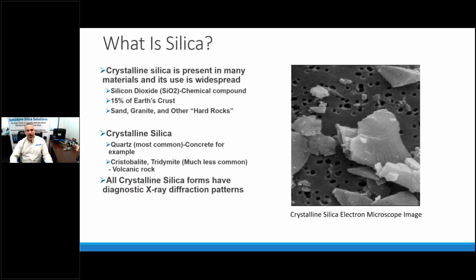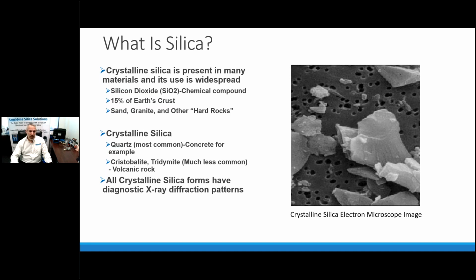Let's start by understanding what is crystalline silica. It's a material that is present ubiquitously throughout the world. The elemental compound is silicon dioxide. It makes up 15% of the Earth's crust, and it's in very common materials such as sand, granite, and other hard rocks. Crystalline silica is broken up into three forms.